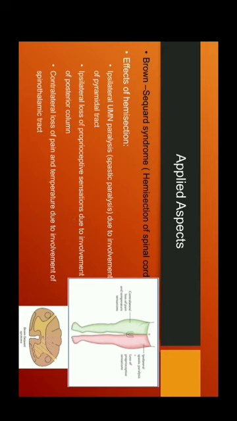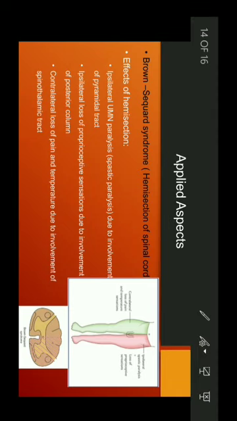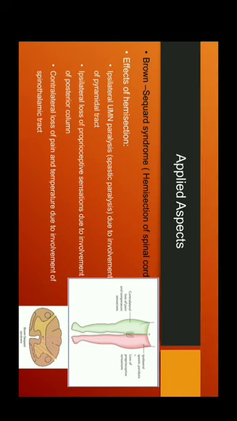And the point to note is contralateral loss of pain and temperature sensation. Why contralateral here? Because we had seen that the fibers carrying pain and temperature, in the lateral spinothalamic tract, cross along the anterior commissure to the opposite side at the spinal cord level itself.